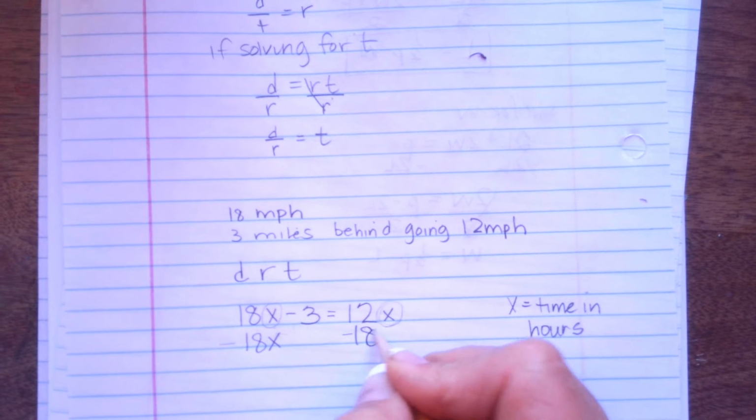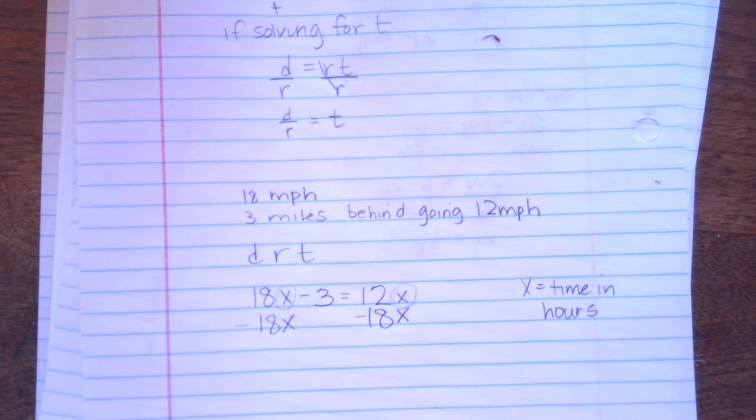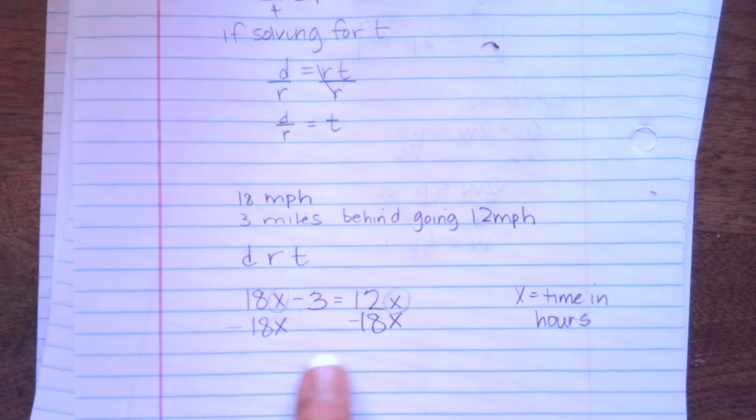Whatever I do to one side, I do to the other. So this is going to give us a negative number in time, but don't worry, girls, because we have a negative over here. So it's going to clear itself out because two negatives make a positive, right? So normally I would try not to make a negative, but we're fine because I saw very clearly that we have a negative over here.